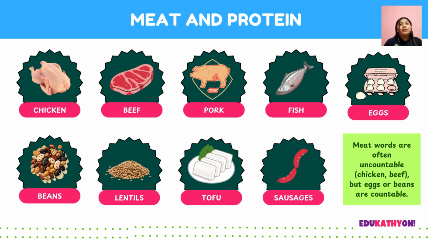Remember, meat words like chicken or beef are uncountable, but egg and beans are countable. So for example, we need some chicken and 2 eggs.